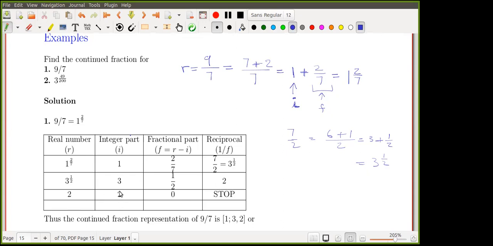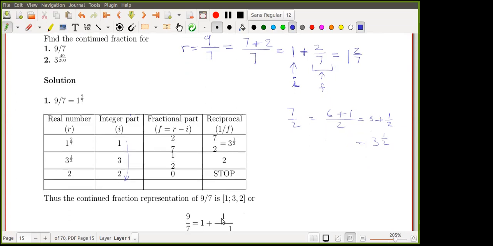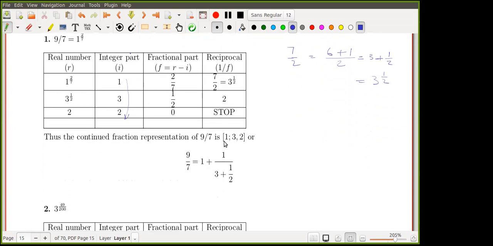So we put it there, the integer part will still be the same, the difference gives us 0. Then we stop and we collect our sequence in this column. So this is our A0, A1, A2. So this is the sequence, and therefore we can write it as a continued fraction, A0 plus 1 by A1 plus 1 by A2, which is exactly this.